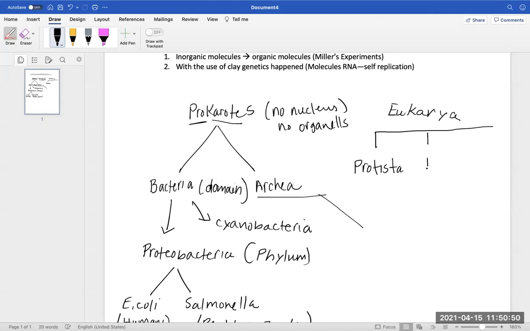There is fungi. Those are the two we're going to cover in this chapter. Plants and animals, that's chapter 17. It's protista if it doesn't fit into all these three other groups. So then it's protista.